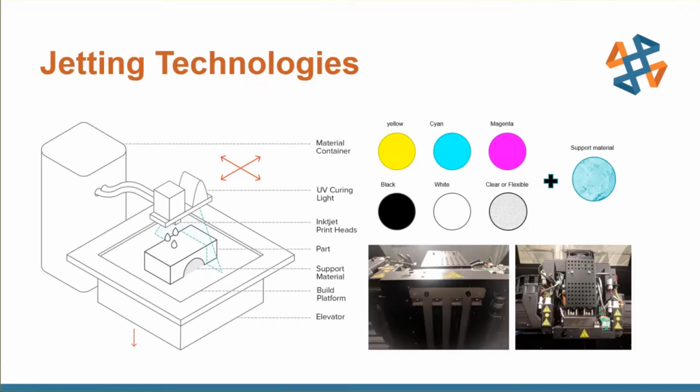So they're not pixels, they're voxels. With each layer, it lays down the cross-sectional profile of your part and then cures it with UV light to become solid. We have a range of materials to pick from that get mixed together in a grid-like pattern, or a matrix. And then there's also a support material.